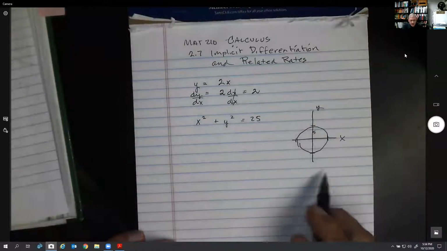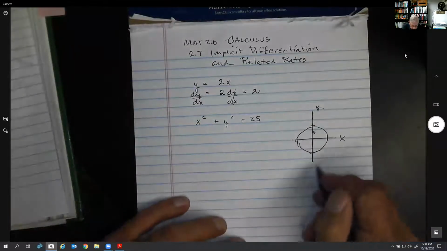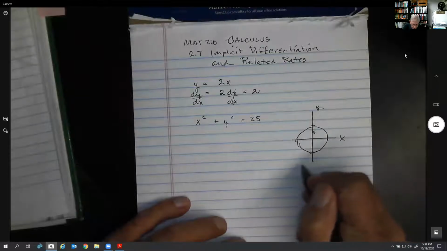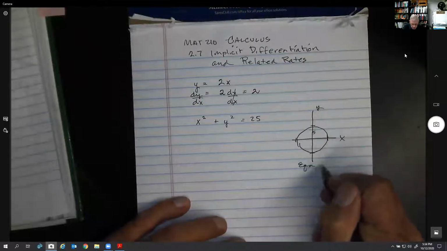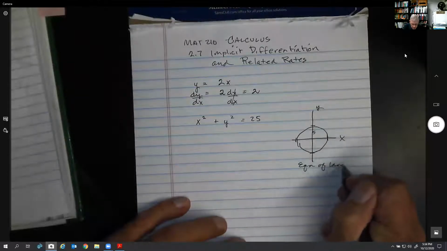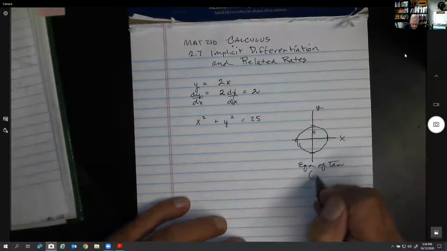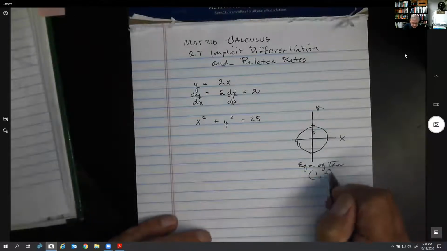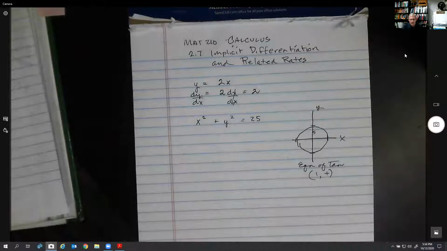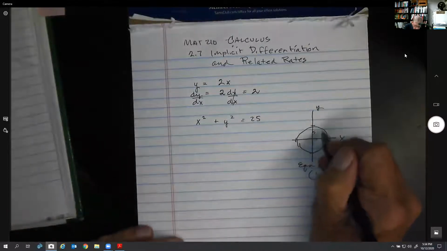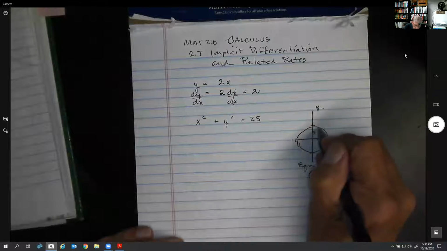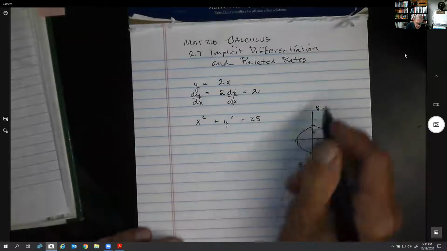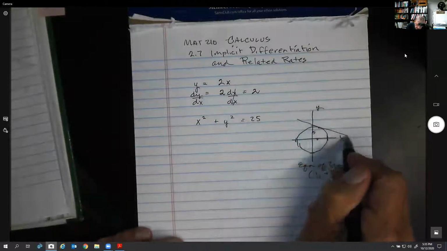And maybe on top of that, we want to write an equation of the tangent to this circle at the point, let's say 1, 4, which would be maybe up there someplace. And we want to know what's the equation of this tangent line.